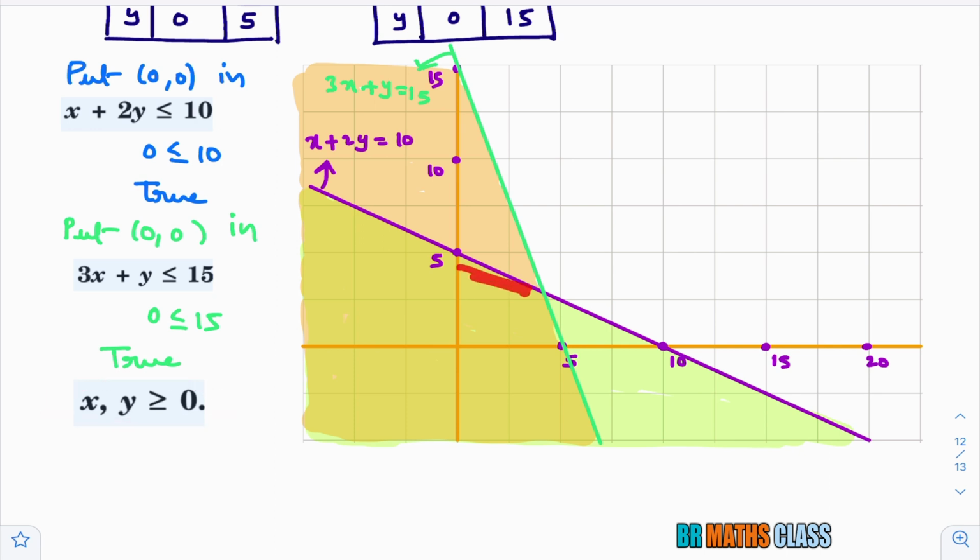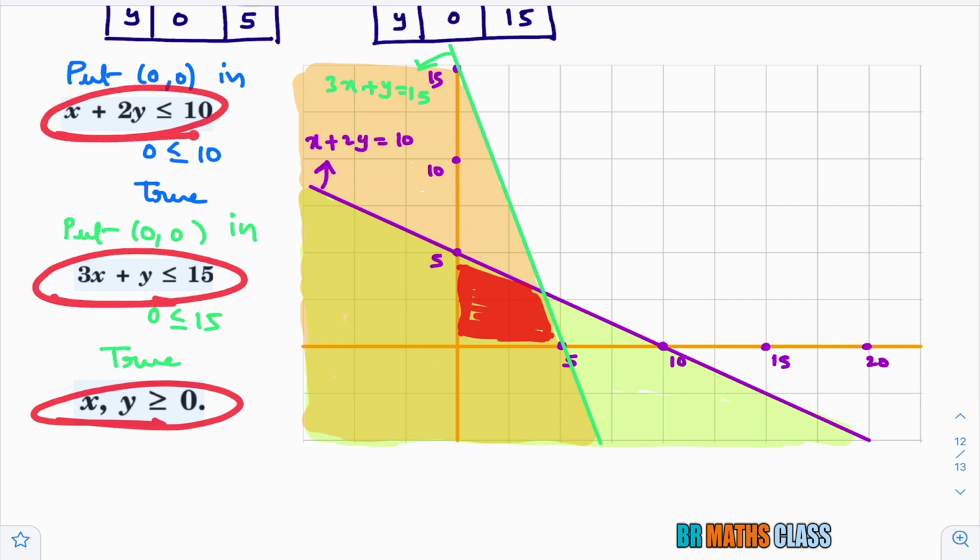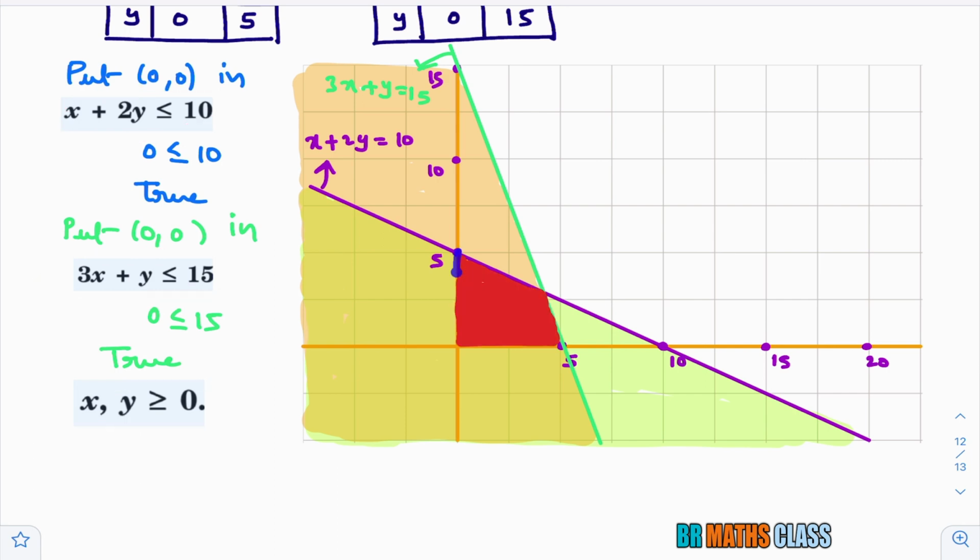You observe, this is the common region. If I take any point in this common region, that satisfies this inequality, this inequality, this inequality. That means this is the solution of all given constraints. So this is the common region obtained by all given constraints, known as the feasible region. So you shade the feasible region. You observe here, this highlighted part is the feasible region.